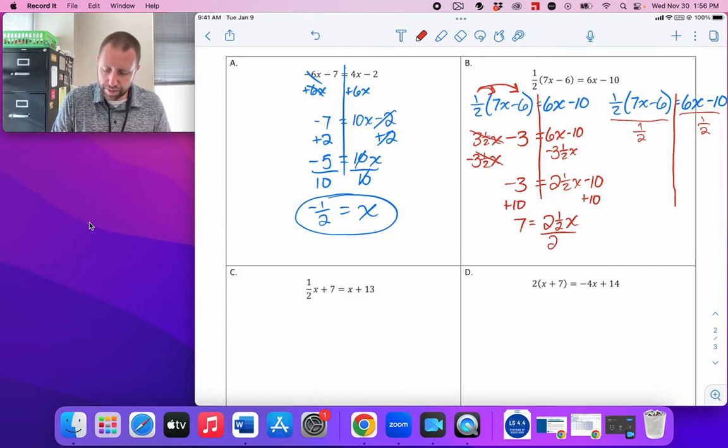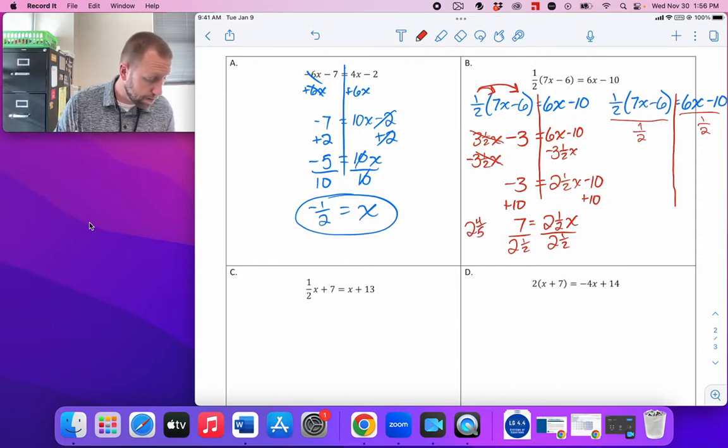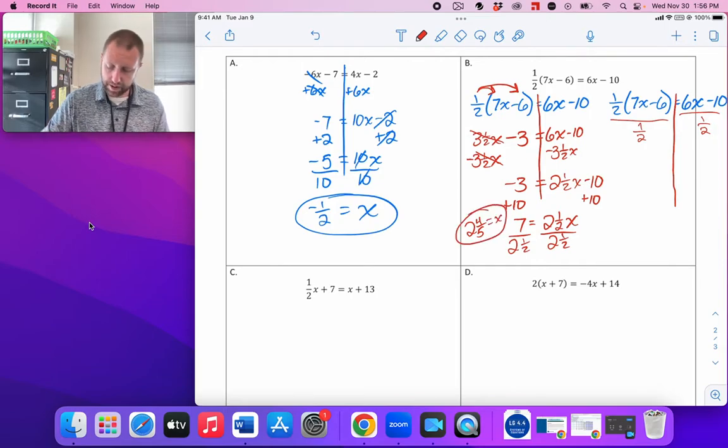When I divide both sides by 2.5, I got to type that one in. When I do 7 divided by 2.5, I actually get 2 4/5 equals x. Because on the right-hand side, the 2.5s cancel. 7 divided by 2.5 is 2.8, or 2 4/5.